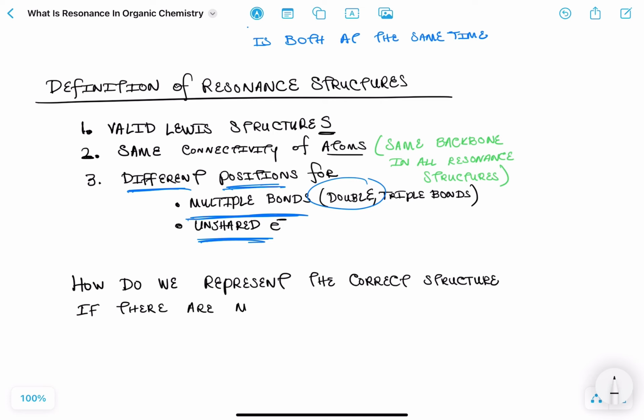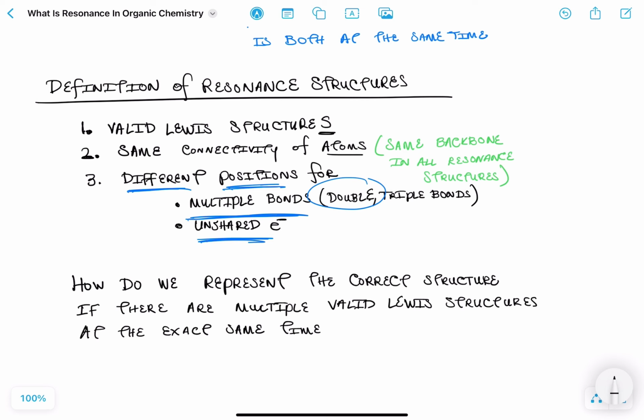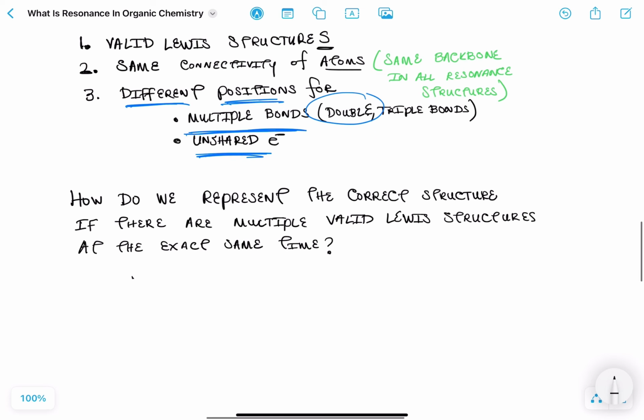If there are multiple valid Lewis structures at the exact same time. Now the answer to this question is the resonance hybrid.